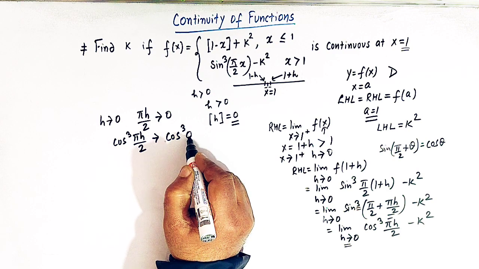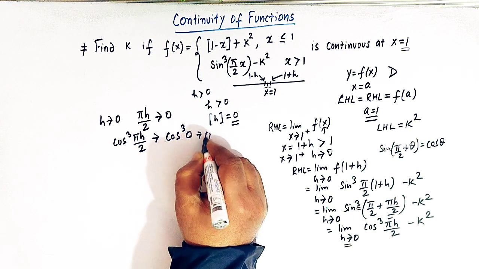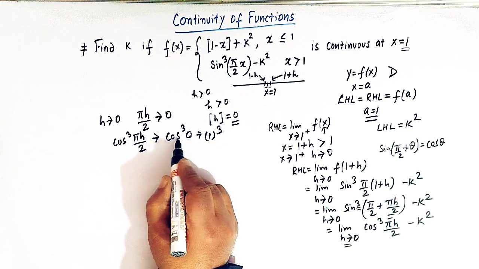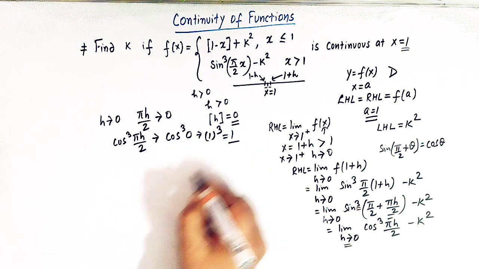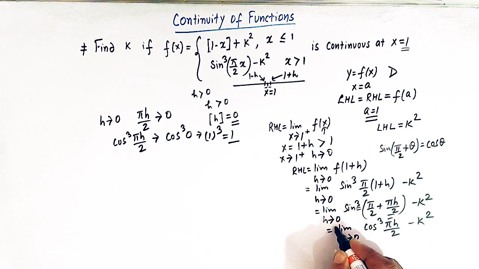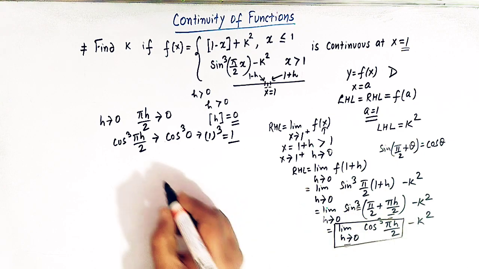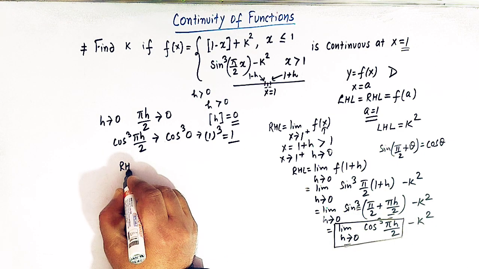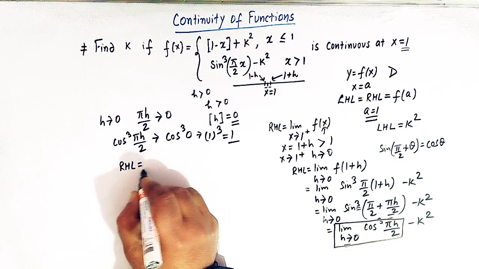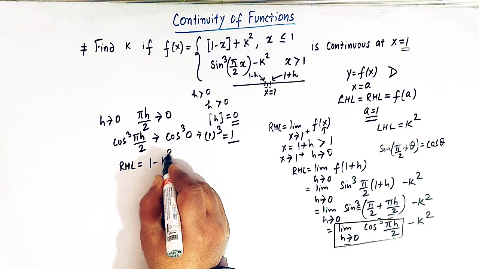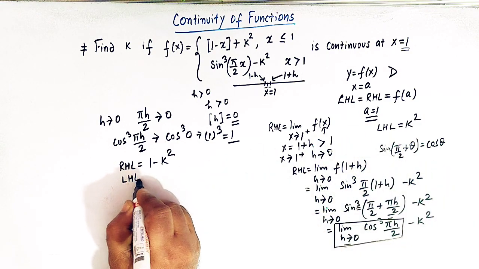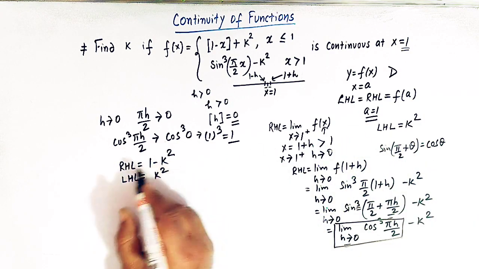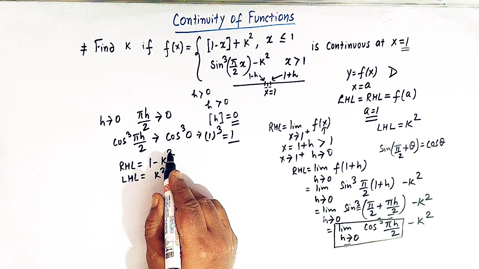So cos cube 0 is now equal to 1 cube, because cos of 0 is 1, so we have 1 cube, that is equal to 1, right? So the value of this limit is equal to 1. So we have now a right hand limit is equal to 1 minus k square, right? So the left hand limit is equal to k square, and right hand limit is 1 minus k square.